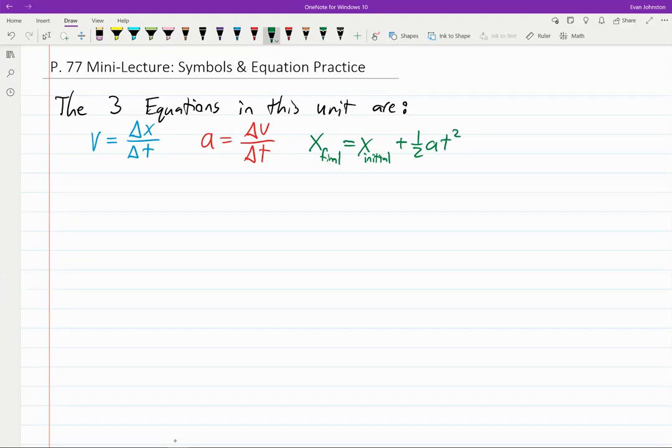But wait, there's more, plus v initial times t. So wow, we got these 3 equations for the unit.